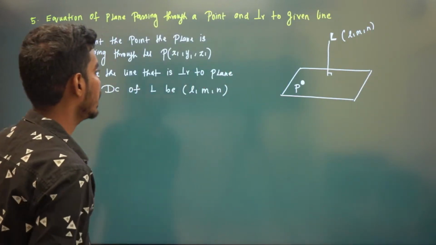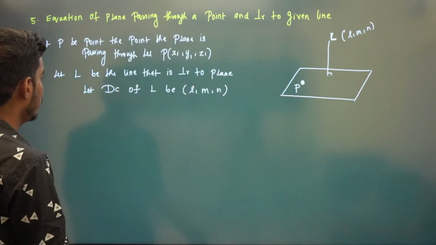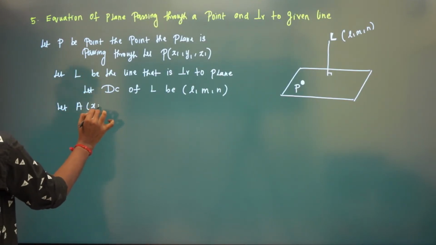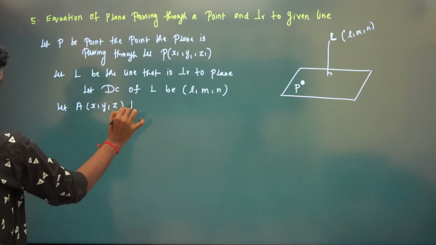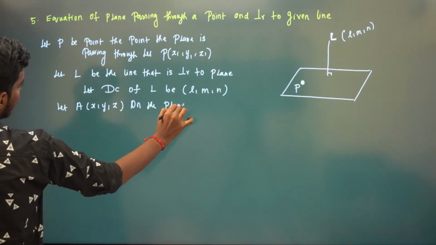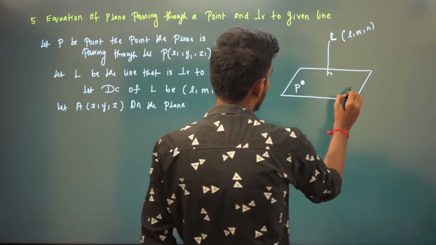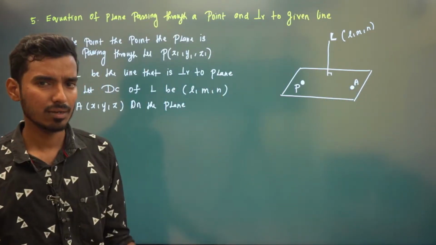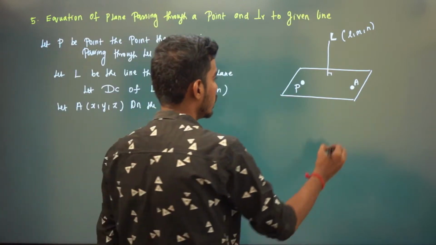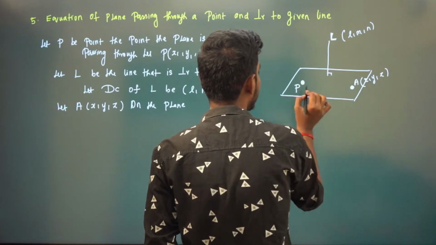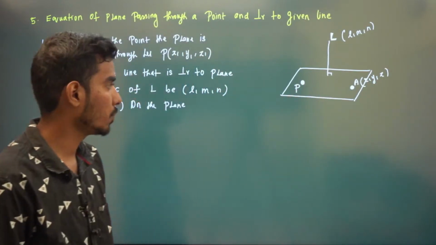Now let us take an arbitrary point. Let us take a point A, any arbitrary point on the plane. Let us call this point x, y, z, and this point is x1, y1, z1.